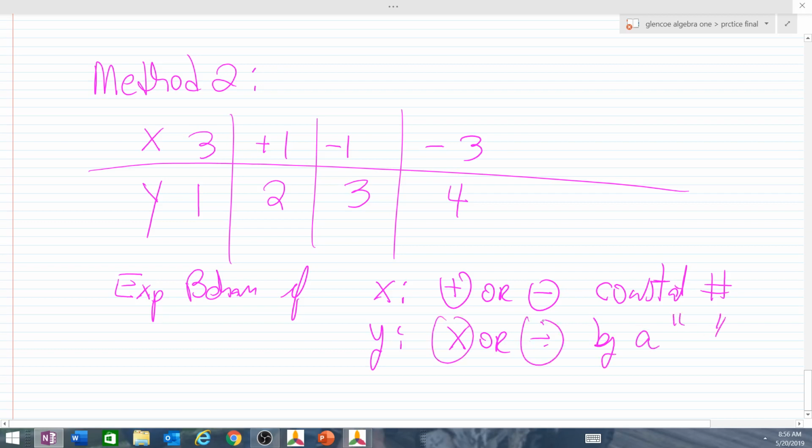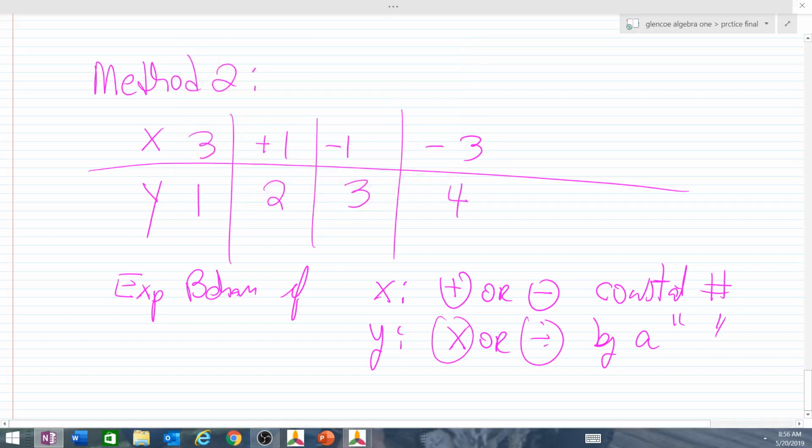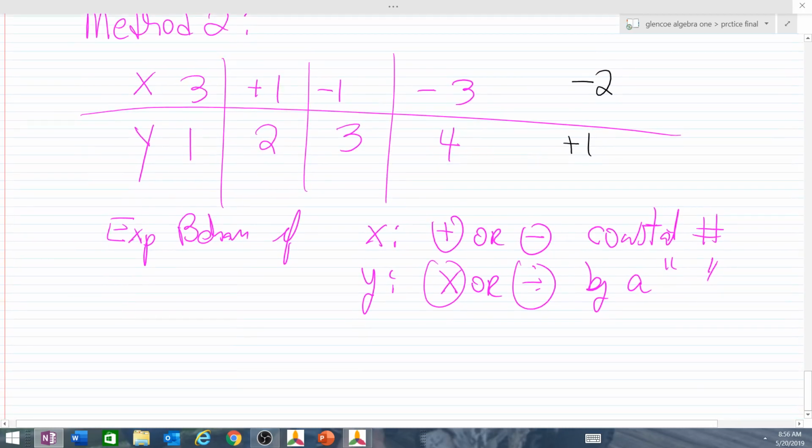So let's see what's going on with the x's. It looks like we're subtracting 2, correct? So we have a minus 2 here. And in the y's, we're adding 1. Both criteria must be met in order for it to be exponential behavior. So the answer would be no.